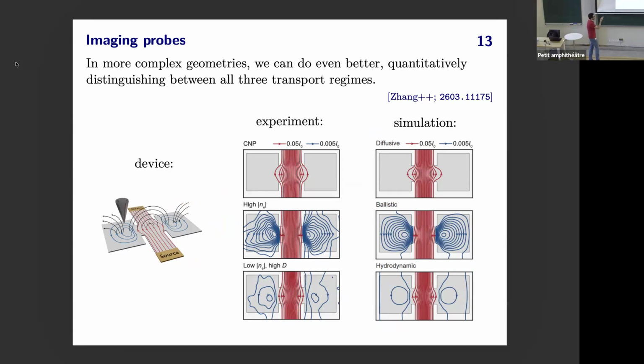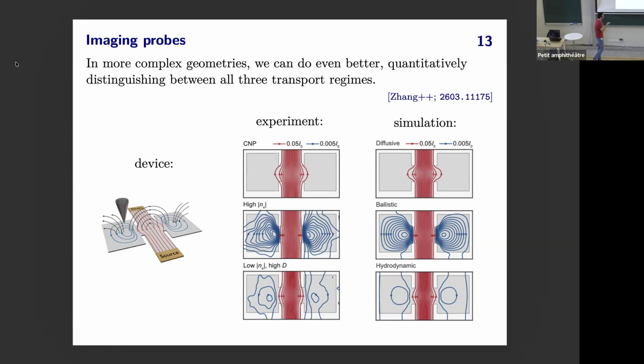In this geometry, again, you can see something similar. Here, it's a little bit easier to distinguish the ballistic and viscous regimes because there are both flow patterns in this channel and flow patterns in the dumbbells off to the side.